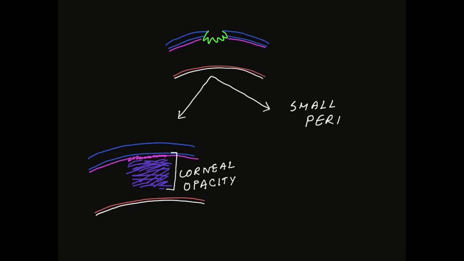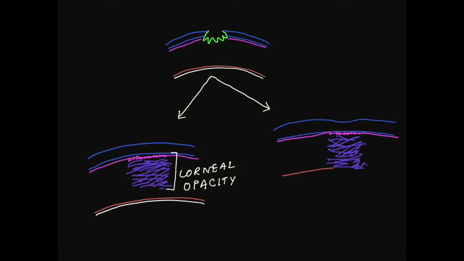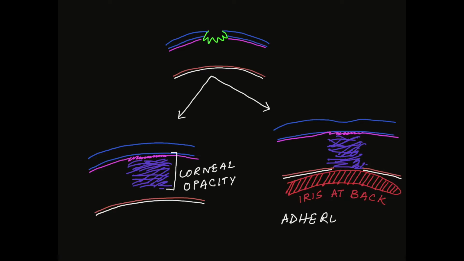And whenever it goes for a small perforation, in case of unfavorable prognosis, there will also be a corneal opacity because of the same phenomenon. The stromal fibers will be laid down, but there will be iris at the back of it, because we know that whenever there was a perforation, the iris will be swept into the perforation and will seal it. This condition is called adherent leukoma, and this is the corneal opacity.